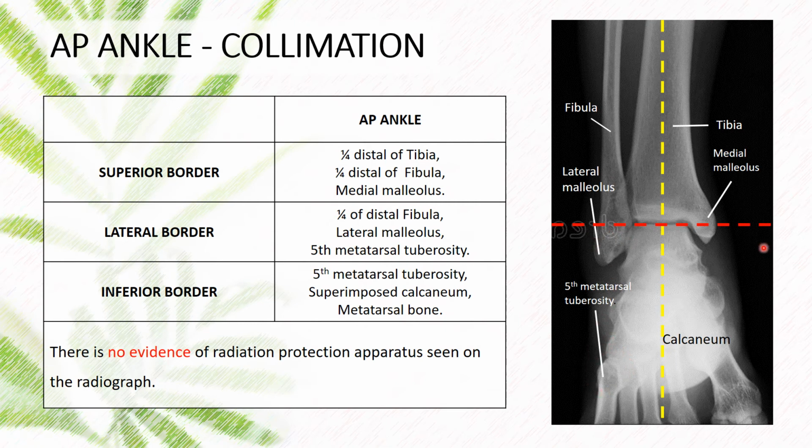For the inferior border, the structures that should be included are the fifth metatarsal tuberosity, the superimposed calcaneum, and the metatarsal bone here. In this radiograph, there is no evidence of radiation protection apparatus seen on the radiograph.